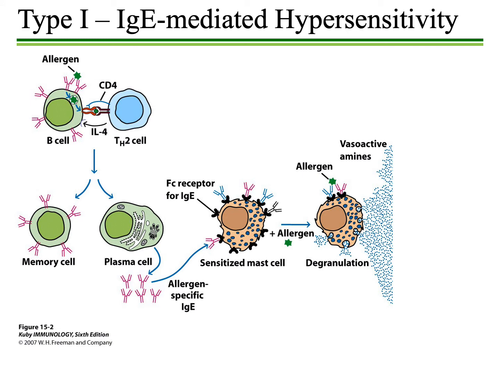Okay, so now let's take a closer look at what happens during type 1 IgE-mediated hypersensitivity. Up at the top of the slide, you see the typical exposure to the allergen, which then activates helper T cells, and those helper T cells stimulate B cells to form the IgE class of antibodies. The allergen binds to the receptors on the B cell.